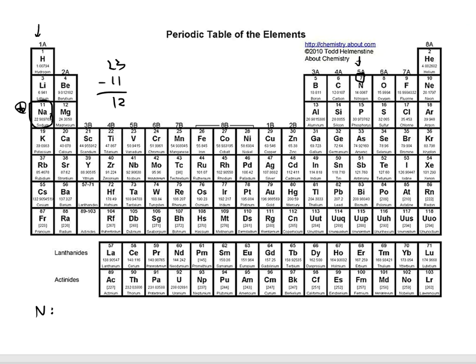I'll start up at the top, 1s2, 2s2, and then I go to 2p, and nitrogen's the third one over. This is regular nitrogen. This is what we've always done up until this point. But what if we had a -3 charge on that nitrogen? That means that this nitrogen gained 3 electrons, gained 3 more than what it had before.